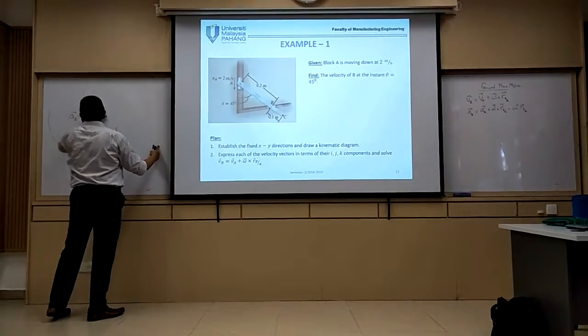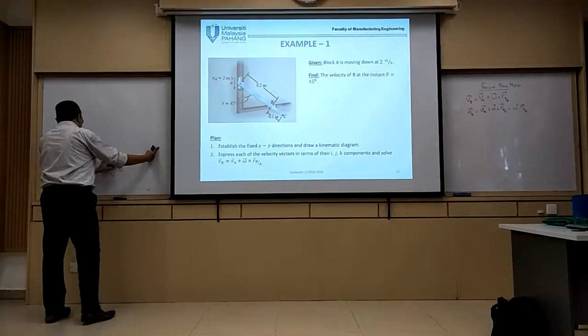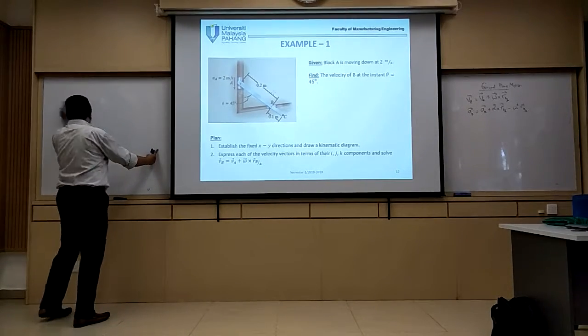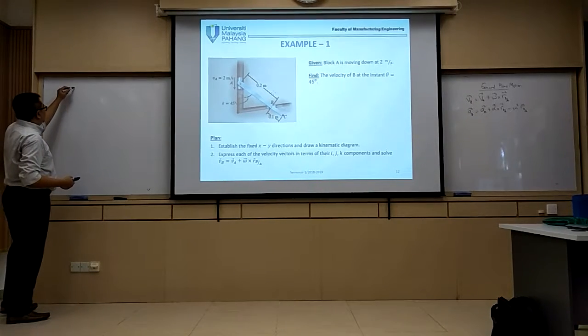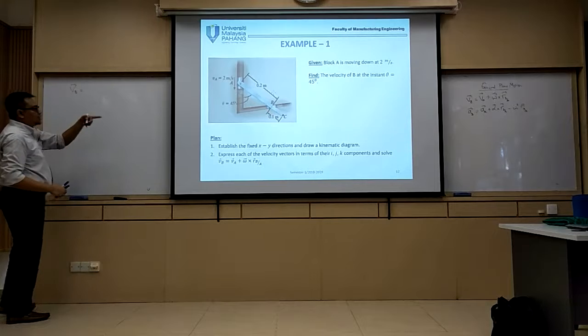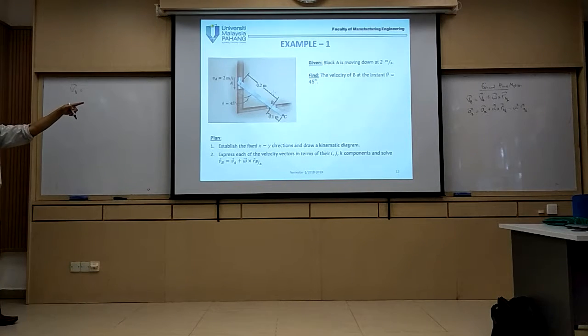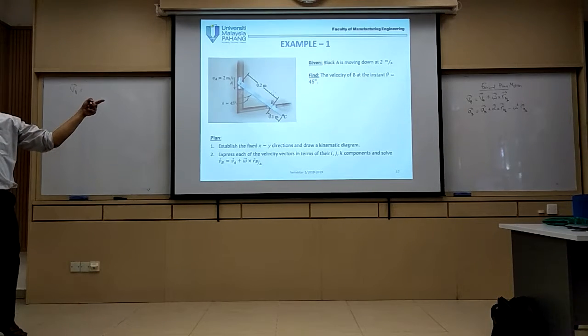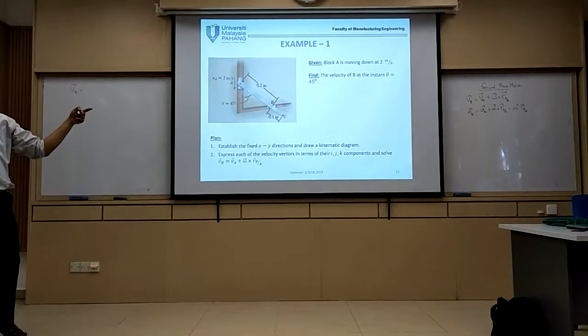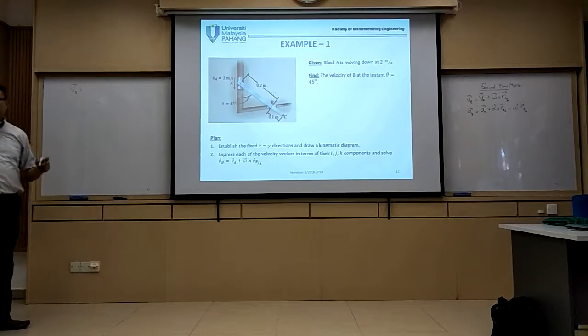So can you guess the vector direction for VB? If VB is moving to the right, what is the vector? Remember I, J, K. So what is the VB direction? I. Plus or minus? Plus. I only or J?